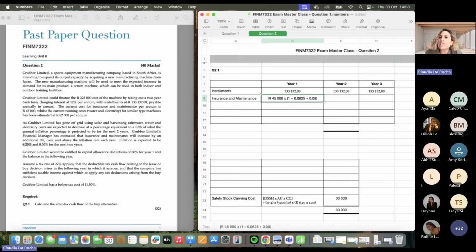And obviously, there are different ways. I could have said 45,000 times the 6.25 plus 8%, and then add that onto the 45,000. I could have done it that way, but I've decided to do it like this.